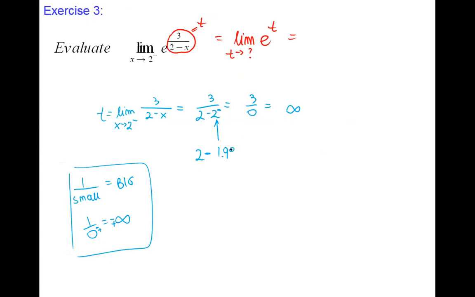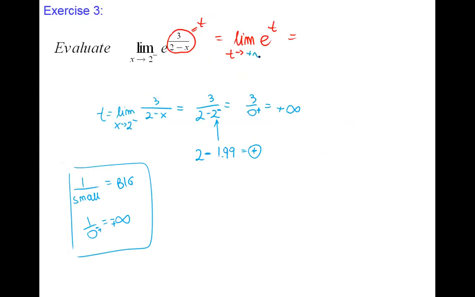Okay, 1.9 or even closer, 1.999. That means 2 minus 1.9 will give me positive, right? Positive values, small, tiny, 0, but positive. Okay, thank you, Joe. And 3 over a small positive number will give me a huge positive value.